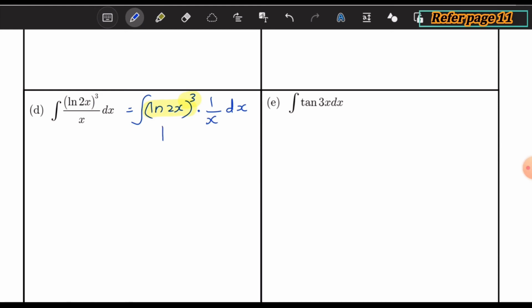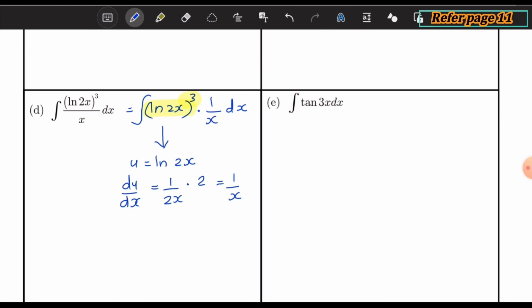And for this case, we will use ln 2x as u. Usually for substitution, we ignore the power. Now it will be easier. Okay, so du dx equal to 1 over 2x times 2 equal to 1 over x.